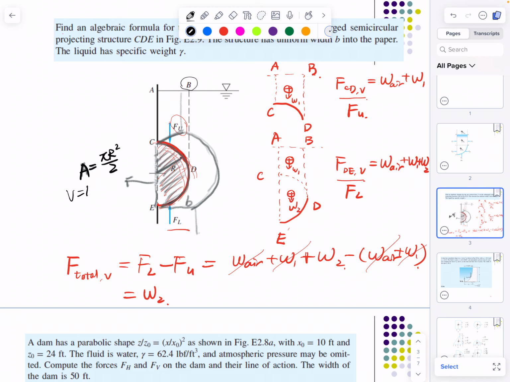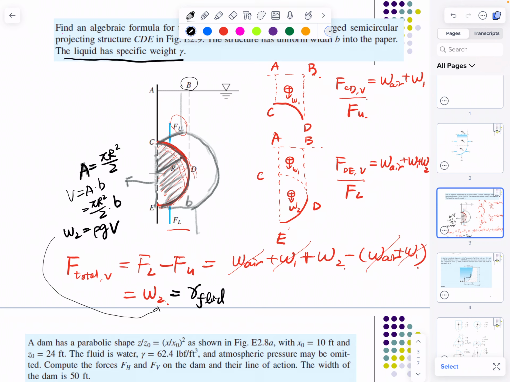Then V equals A multiplied by B, so it's pi r squared over 2 multiplied by B. And because we're asking for weight, it equals rho g V. It equals gamma of the fluid, since the description tells us the liquid has a specific weight of gamma. So we just keep gamma, multiplied by pi over 2 r squared multiplied by B.